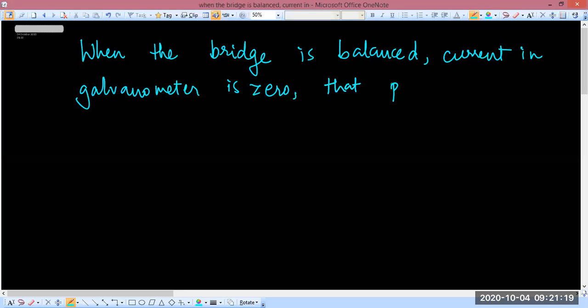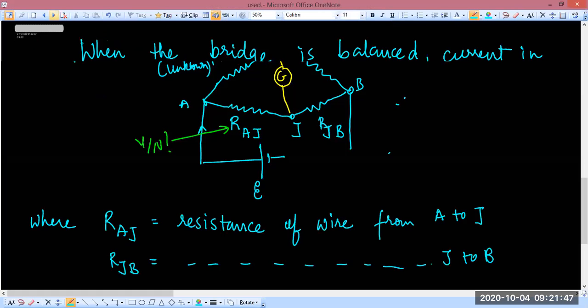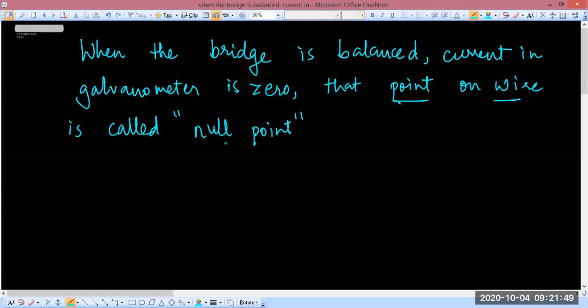That point on the wire is called null point. This is a very important word. Everybody, please remember this word. When the bridge is balanced and the current in the galvanometer is 0, the point on the wire is called null point. Again, null stands for 0.